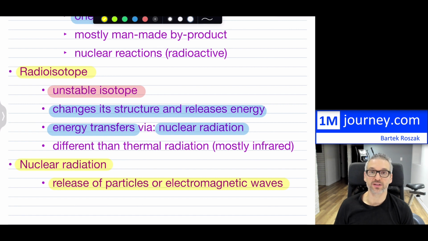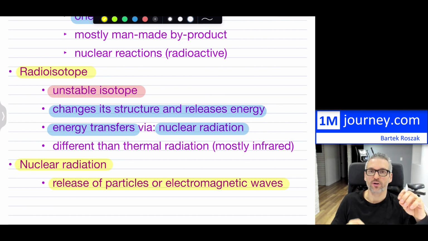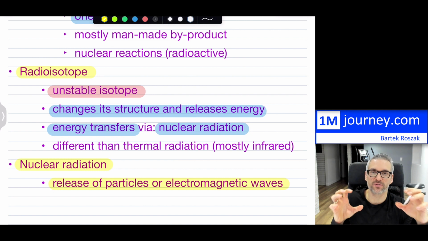It is much different than thermal radiation. Both radiations are transfers of energy. Nuclear is the transfer of energy from the actual nucleus component of the unstableness of that atom, while the thermal energies are through the actual heat and the kinetic movements of the various particles that you have.